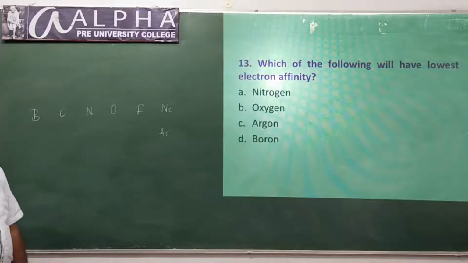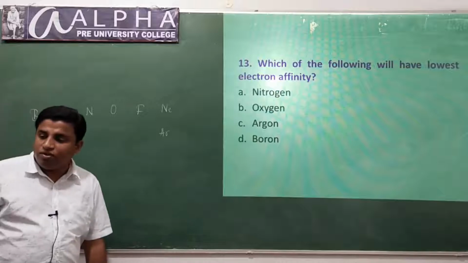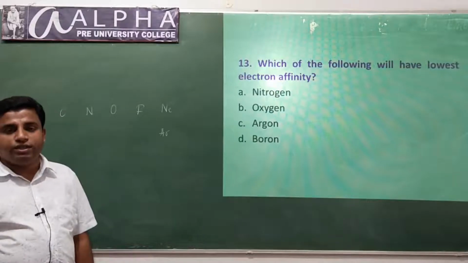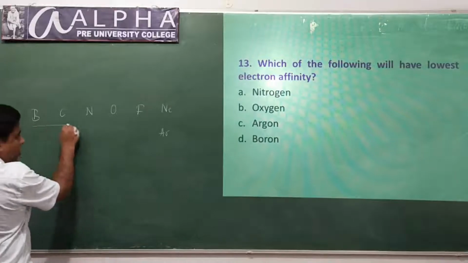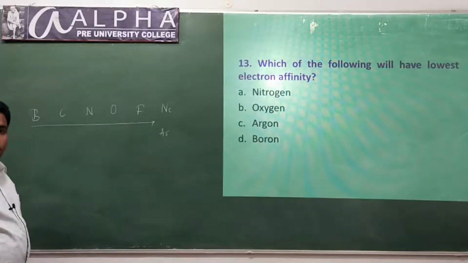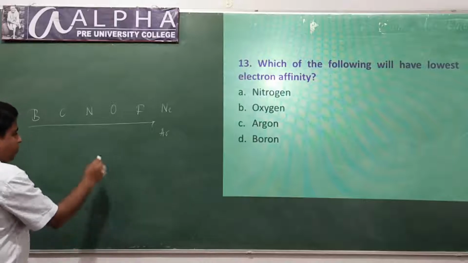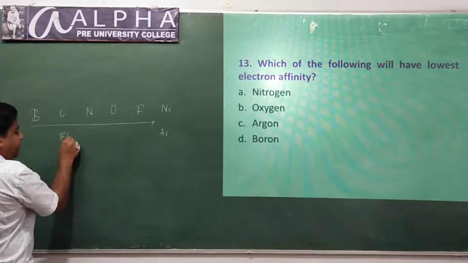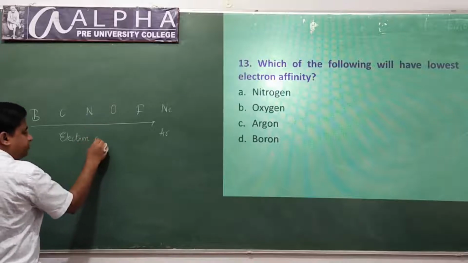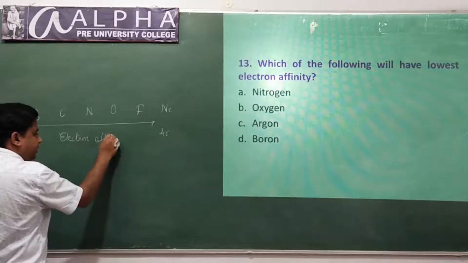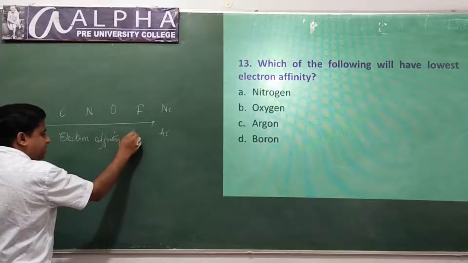The question is which of the following will have lowest electron affinity? We know as we go along the period, from left to right, electron affinity increases, am I correct?